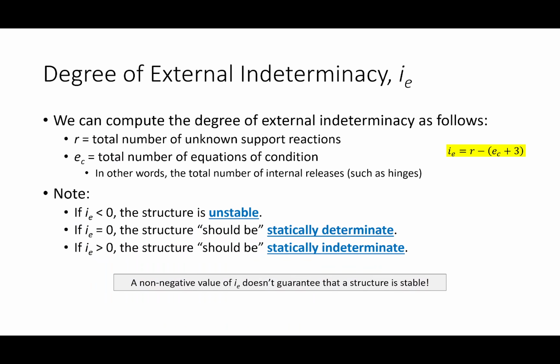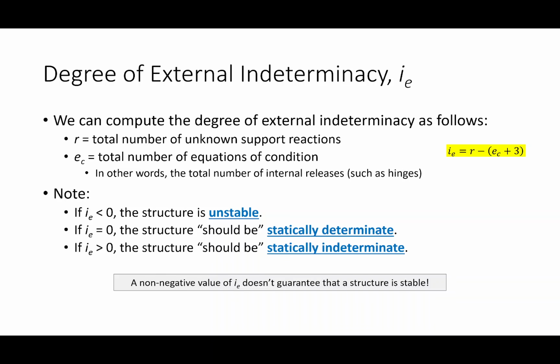Now, I'm going to give you a formula, because we're engineers, we like formulas. So I propose that we can calculate a degree of indeterminacy, a number that we can classify a structure with, and I will call that the degree of external indeterminacy. Why am I calling it the degree of external indeterminacy? Because later on, we're going to have degrees of internal indeterminacy.